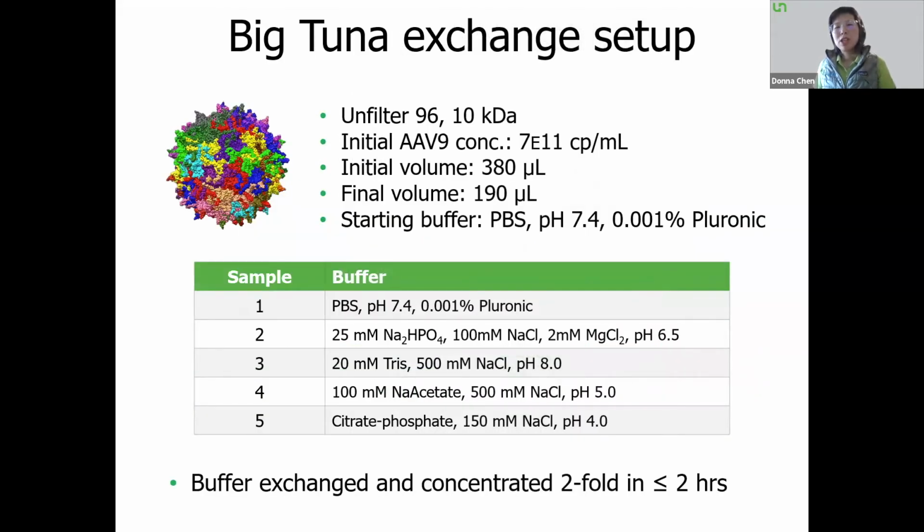So in this exchange setup, we use the AAV9 with a stock concentration of 7e11 CP per ml, and we use the Unfilter 96 at 10 kDa molecular weight cutoff to do the exchange. We exchange it into 5 different formulations with 1 PBS control. That is the AAV in PBS stock, and we're exchanging it into the same PBS formulation.